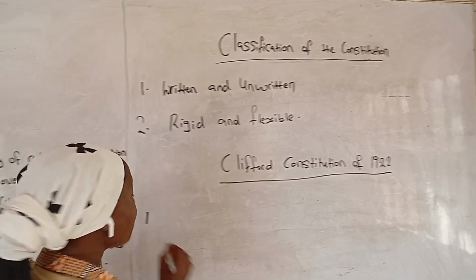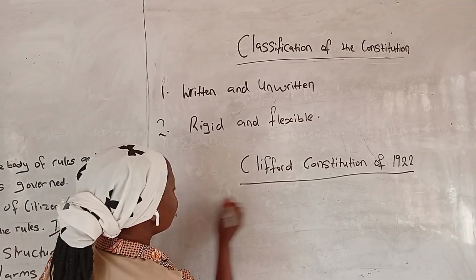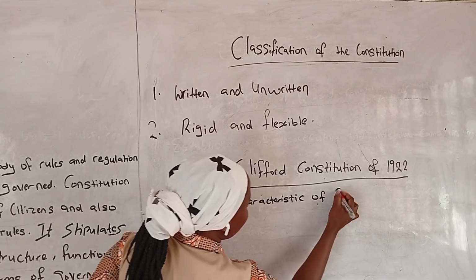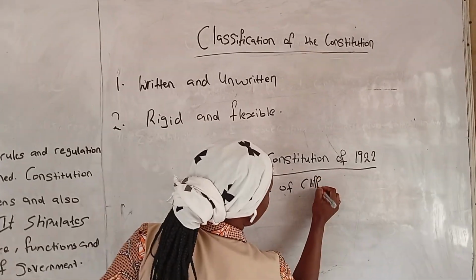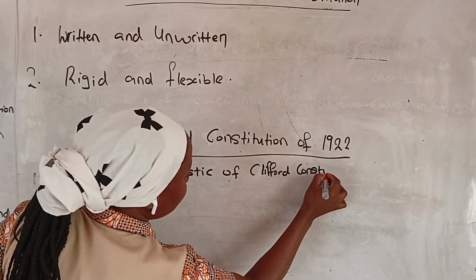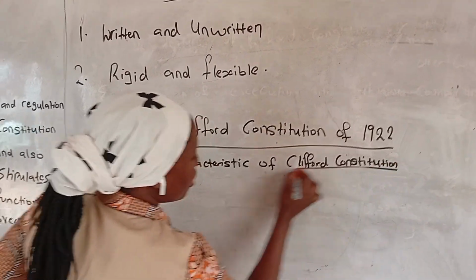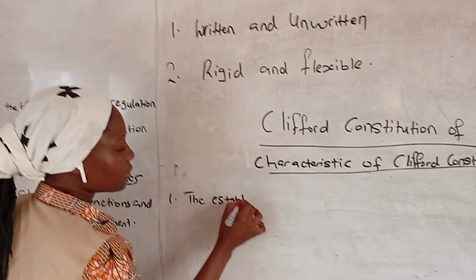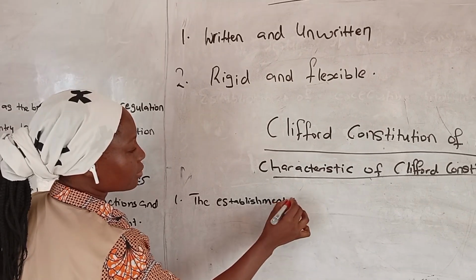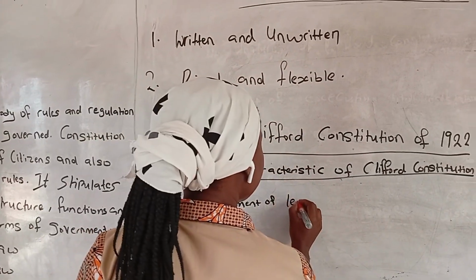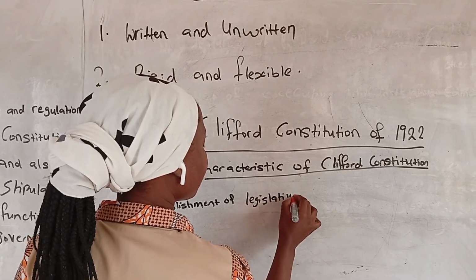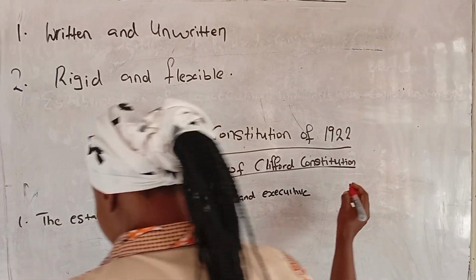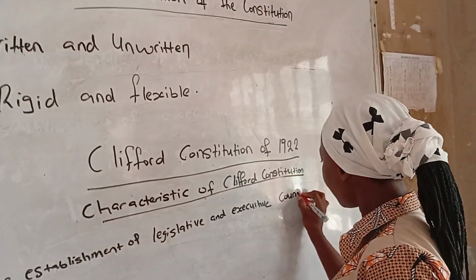One of the characteristics of the Clifford Constitution is the establishment of the legislative and executive council in Lagos.